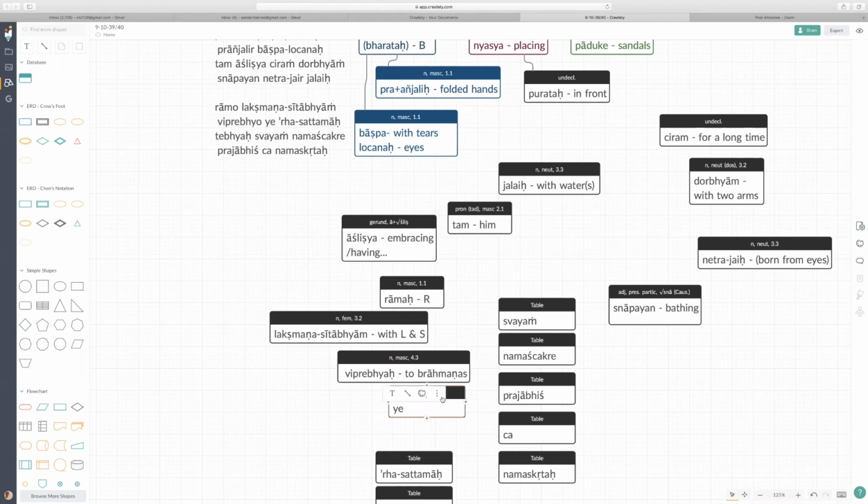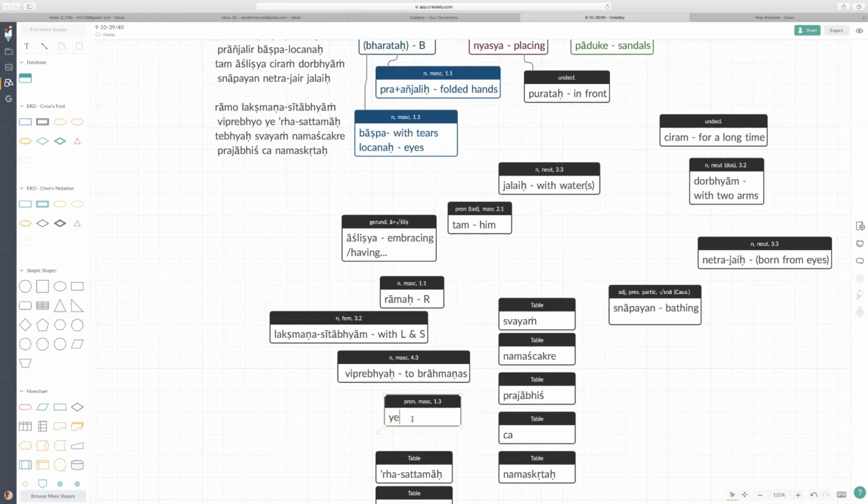What about ye? It's a pronoun. Yes. 1.1. Pronoun, 1.3. First of all, let's decide on the gender. It's masculine. If it's masculine, then it's 1.3. It could also be feminine, dual, but most likely it won't be.